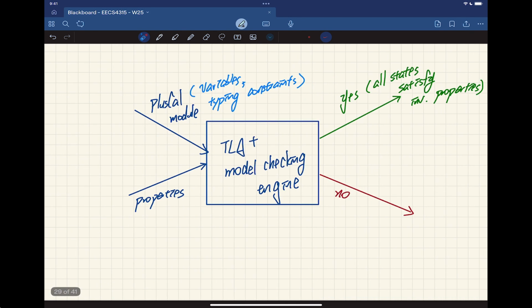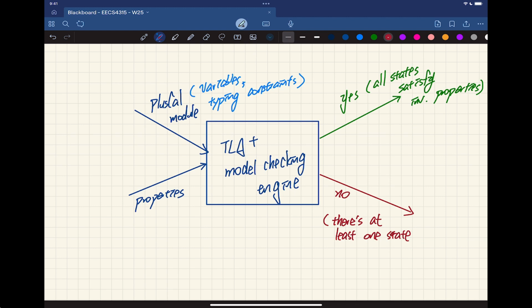All right. So no here tells me there is at least one state. Let me say a little bit more precisely.